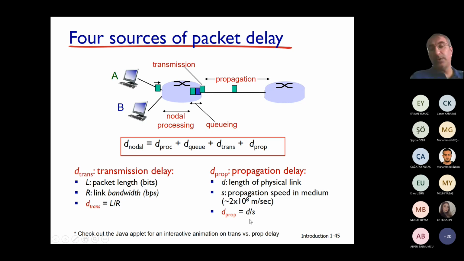And propagation delay is equal to d over s. d is the length of the physical link in terms of meters or kilometers, so the actual distance between the transmitter and receiver. s is the propagation speed, for an electromagnetic wave equal to 3 times 10 to the power of 8 meters per second. So as you see, the transmission delay is different than the propagation delay.